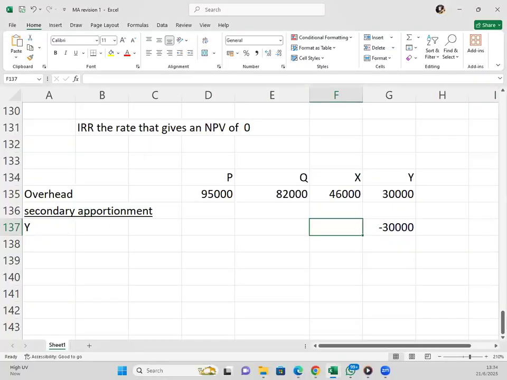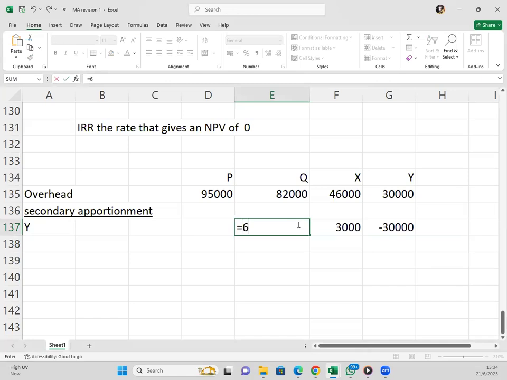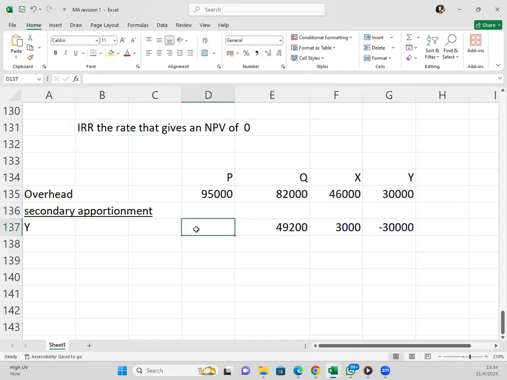So for Y, we are going to split the cost for Y among the other departments. It was 30,000 and 10% is being given to department X. Then department Q was getting 60%.